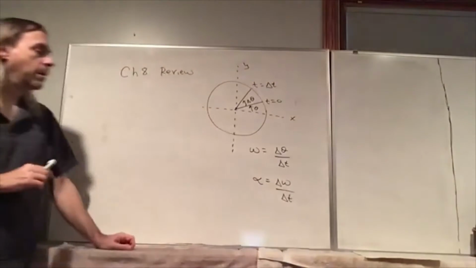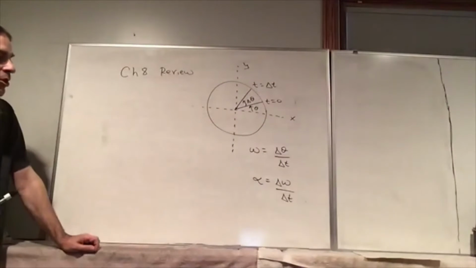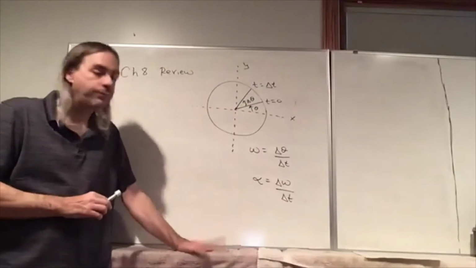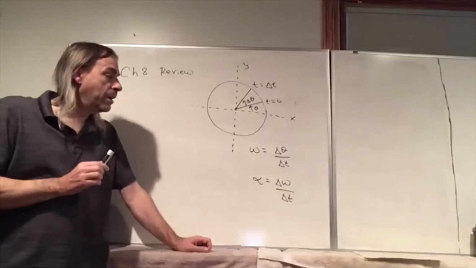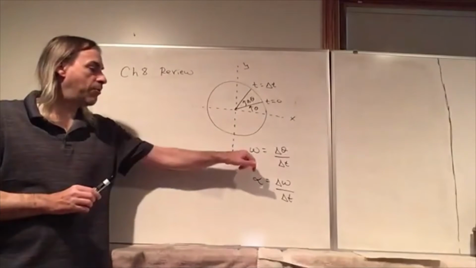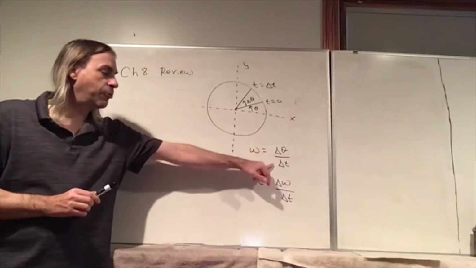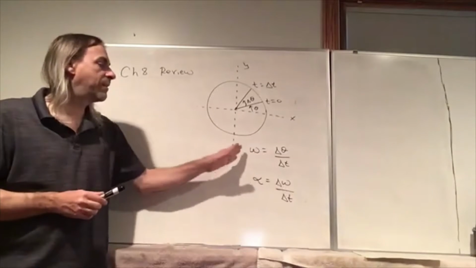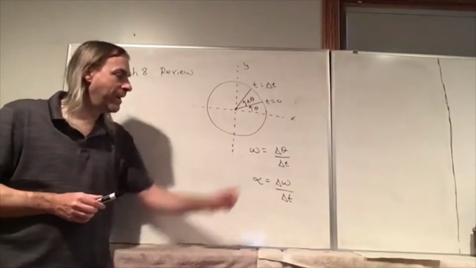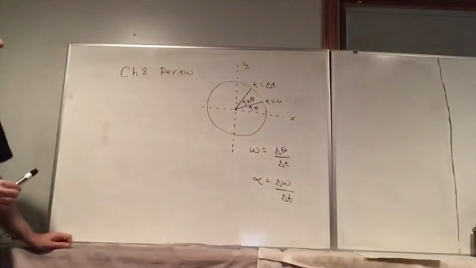It's similar to how we define linear velocity and acceleration. They have the same issue as in those cases: to do it properly, you have to take the limit that delta t goes to 0. So this would be the average values over that time interval delta t.